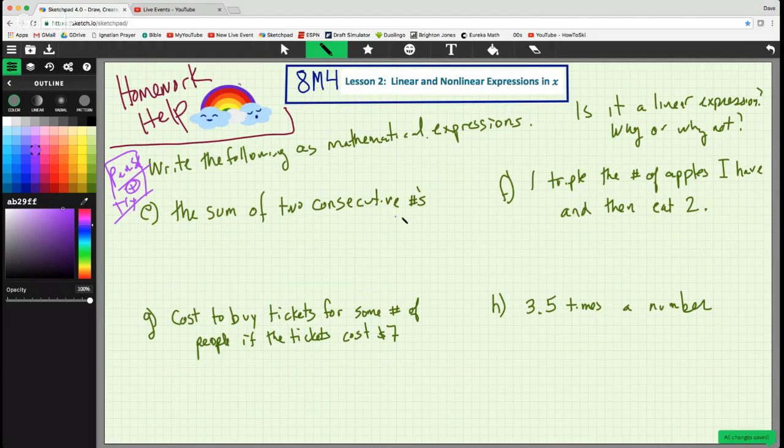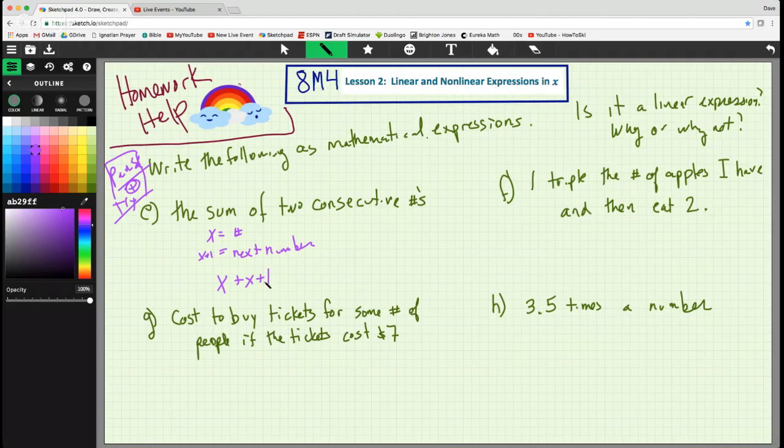The sum of 2 consecutive numbers. Now, I assume that you went back and you remembered how we do this. Consecutive numbers, well, if x is a number, then x plus 1 is the next number. So the sum of 2 consecutive numbers is x plus (x plus 1).